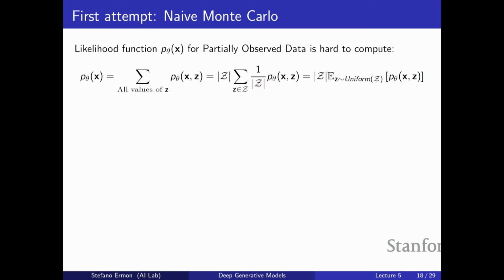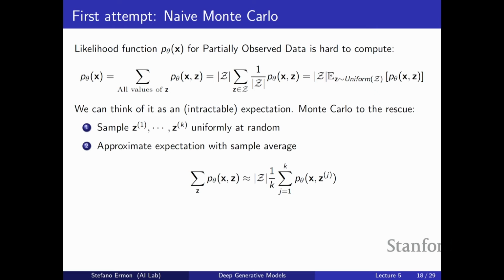So you would randomly sample a bunch of values of z, check how likely these completions are under the joint, and then rescale appropriately. This would be cheap because you just need to check k completions instead of all the possible completions that you would have to deal with.